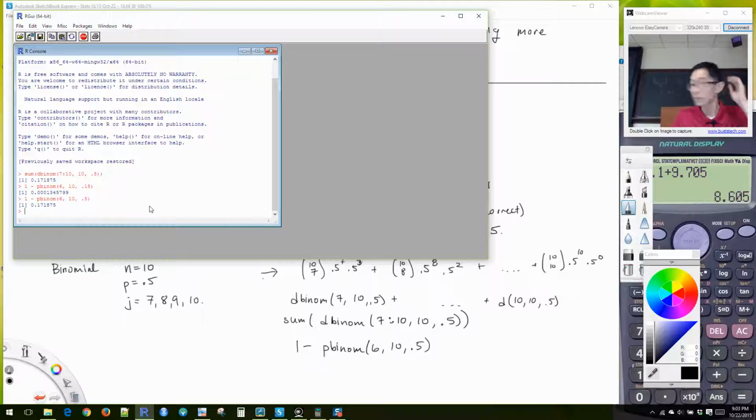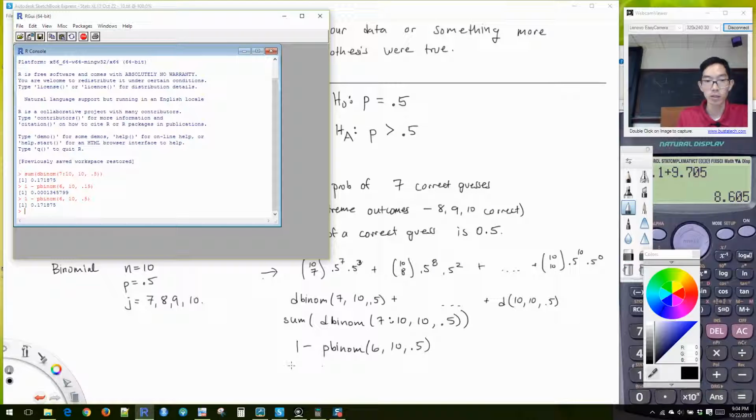Okay, and we get the same answer, 17%. So the answer here, our p-value is 0.172.